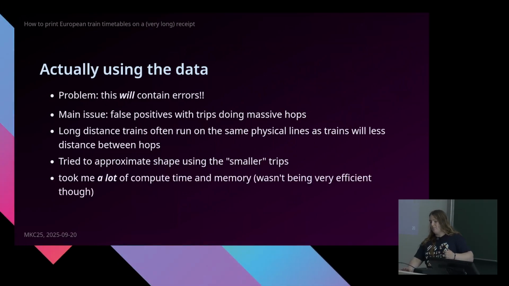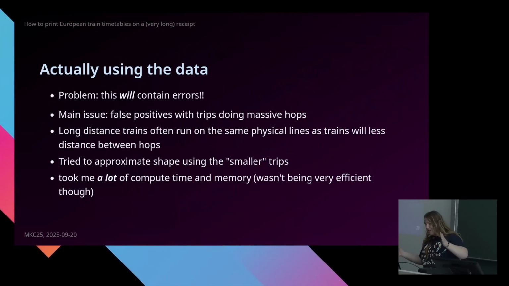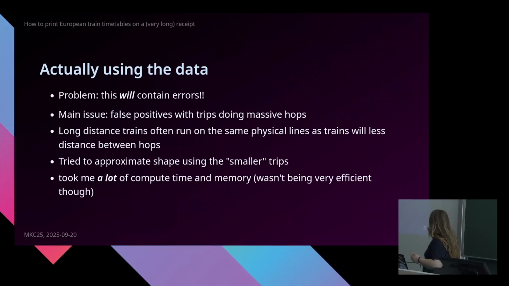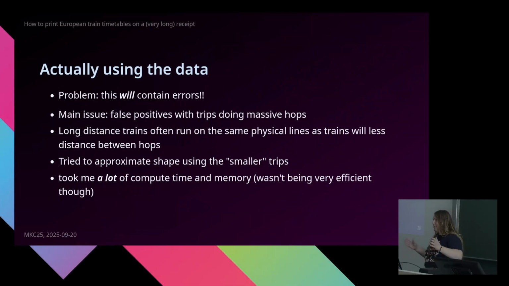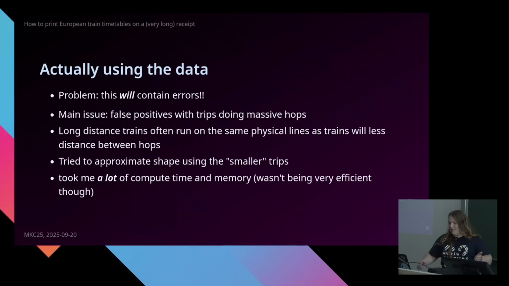However, the way I did it was very inefficient. It took me a lot of compute and memory, again, probably because my implementation sucked. It should be doable in a better way, because the approach I tried was basically, on each request, to build a whole graph of every single station it knows of in Europe. So it's not the most efficient thing out there, but this can be improved.